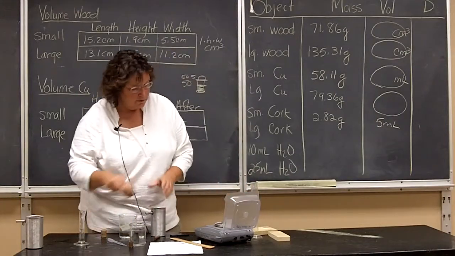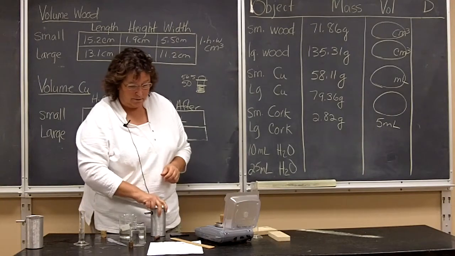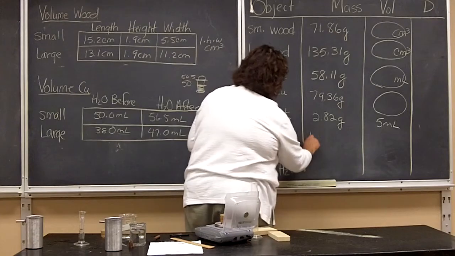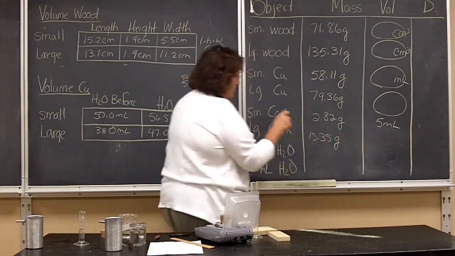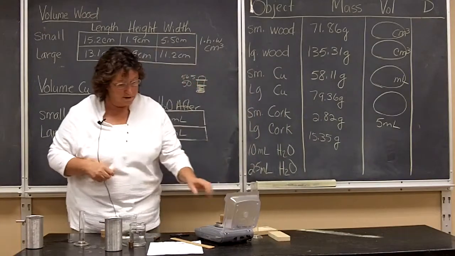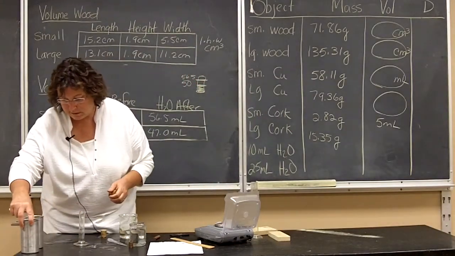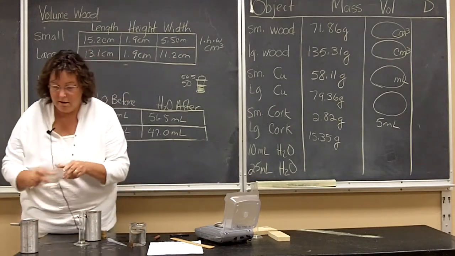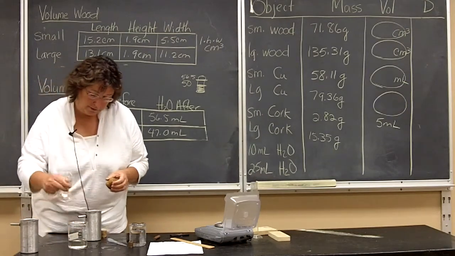Right, the second cork, put that on the balance. That cork comes to 15.35. Once again, I'm going to get this filled up right to the top, right to that opening. And I'm going to empty this.